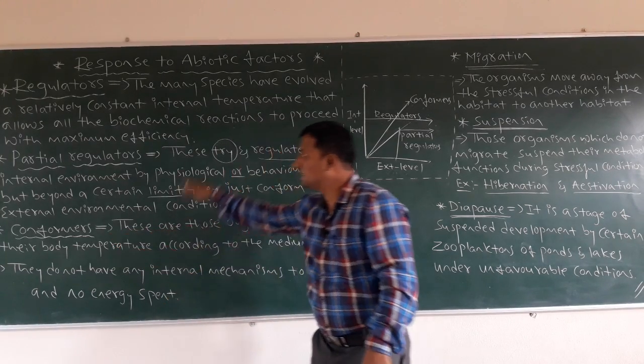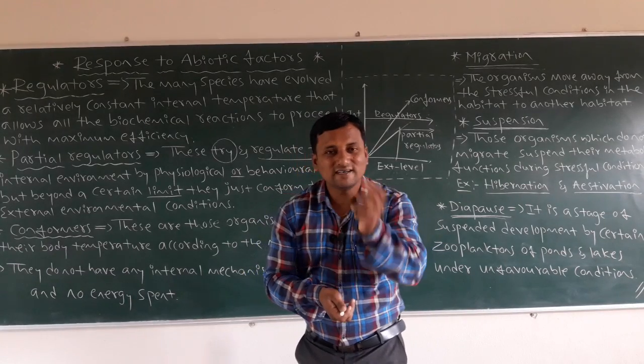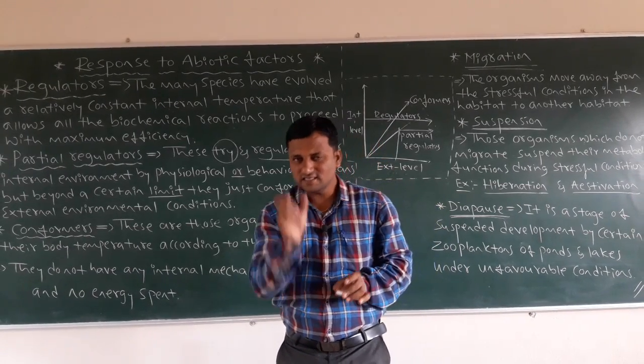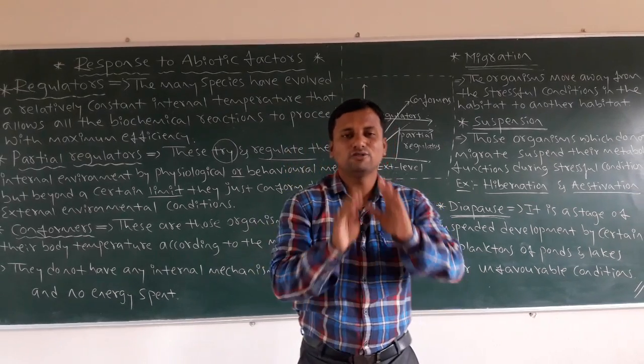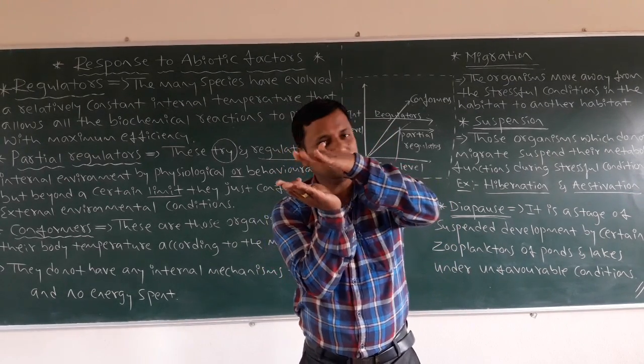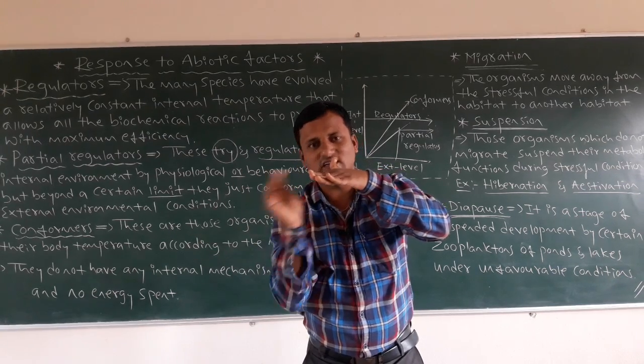So these are the three types of organisms which respond to abiotic factors. Think about it, dear students: regulators have a constant internal body temperature, and they must respond based on the external level.